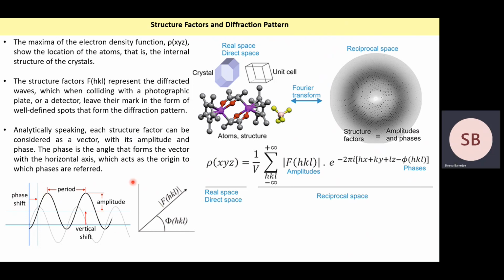So if we look at the structure factor in terms of a vector, the magnitude of the vector is the amplitude, and the angle of the vector from the x-axis is the phase information.